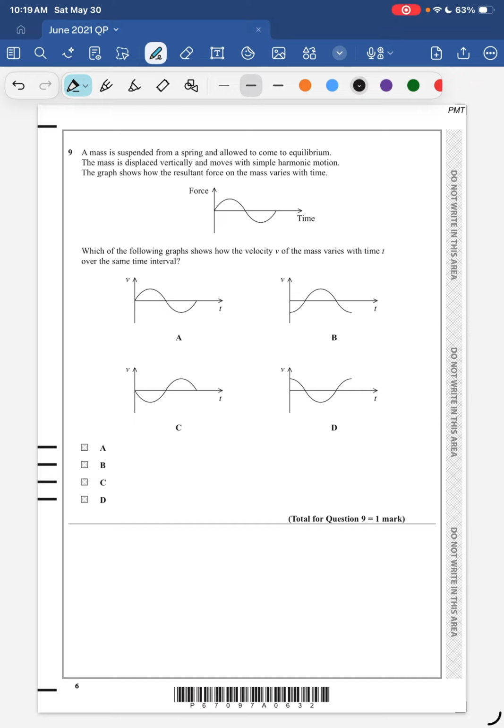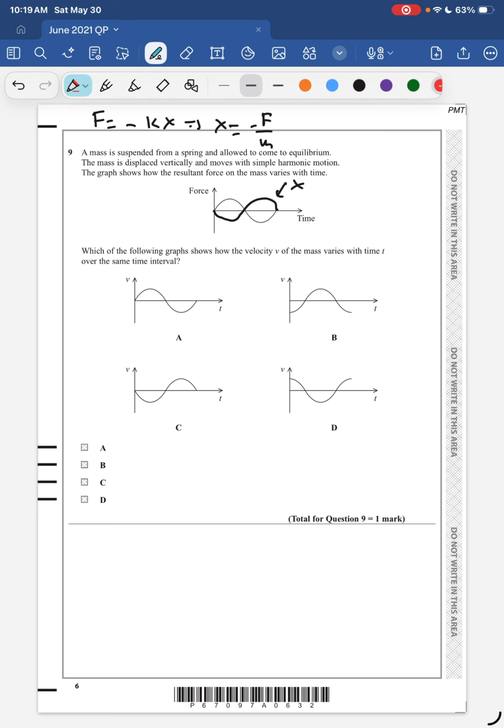Okay, so there are many ways to solve this, but I went with this one. Force is minus k times x, which means that x is minus f over k, which means that the displacement is going to look like this, okay? So that's displacement.